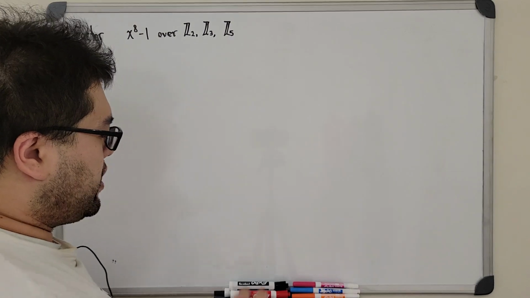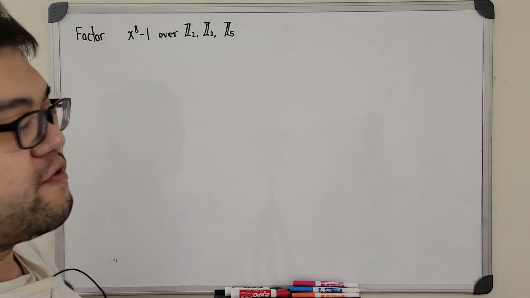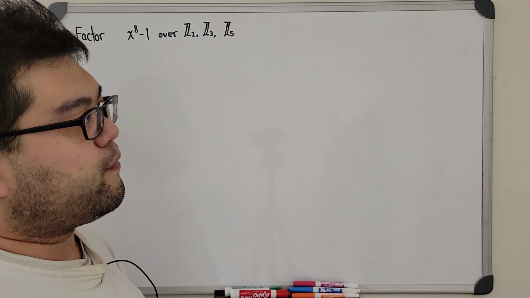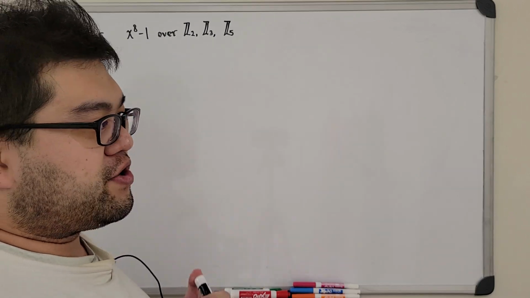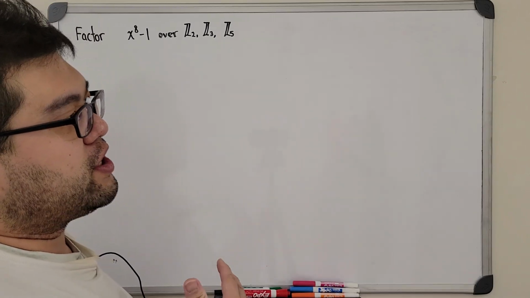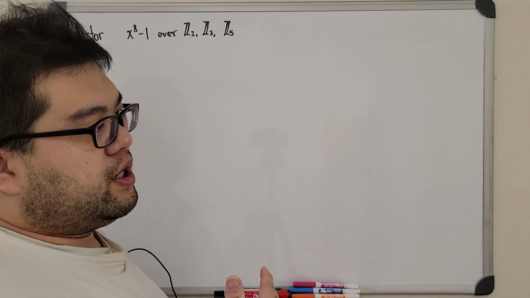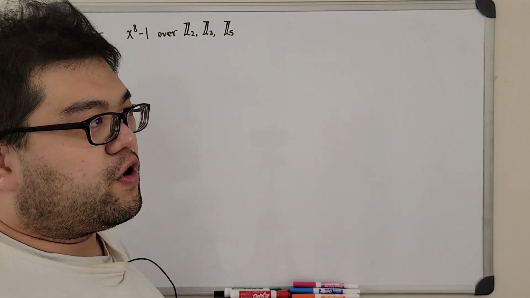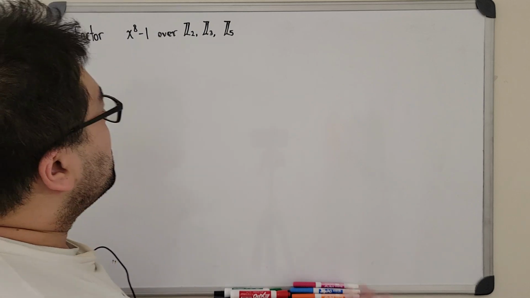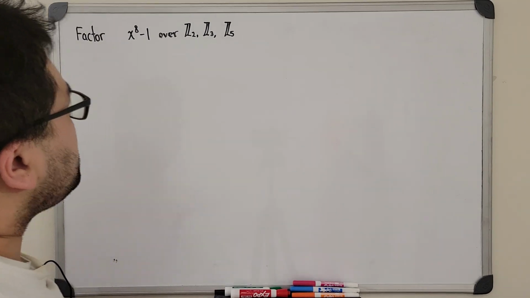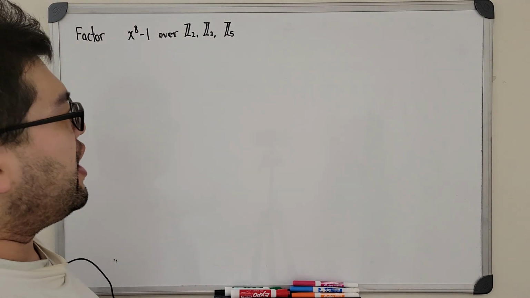And of course, when we say trying to factor a polynomial, we usually would like to factor completely, or in other words, factor into the product of all the irreducible polynomials over the rings that we have.